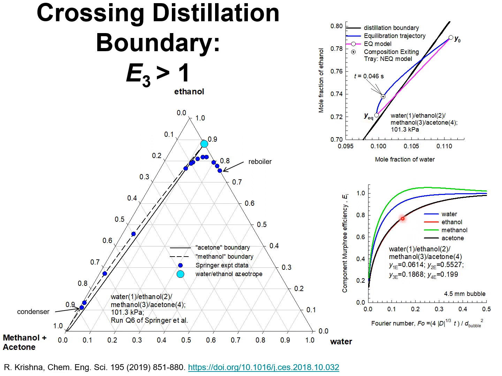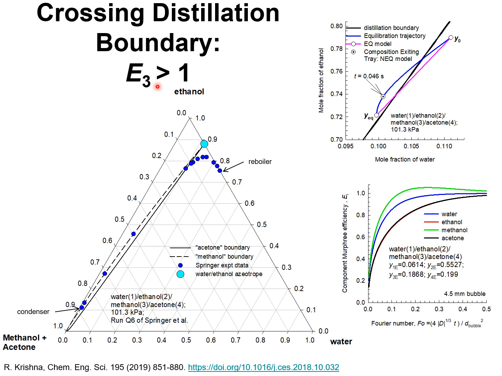And the component efficiencies are calculated from the simulated trajectories, and the component efficiency for methanol for a range of Fourier times exceeds unity. So we have the demonstration of the unboundedness of the Murphree component efficiencies.